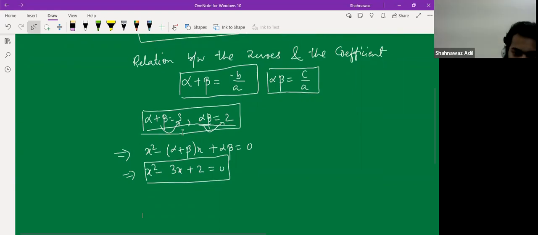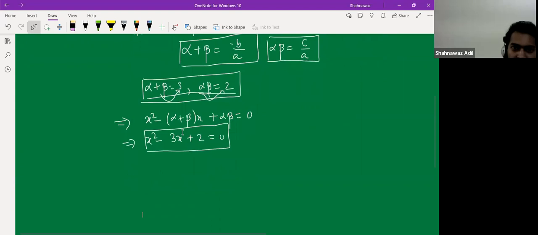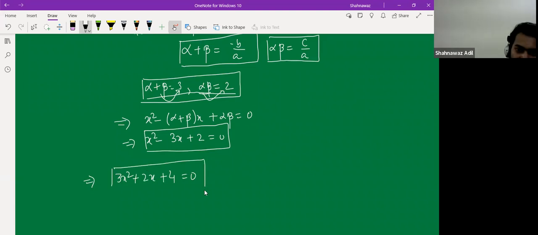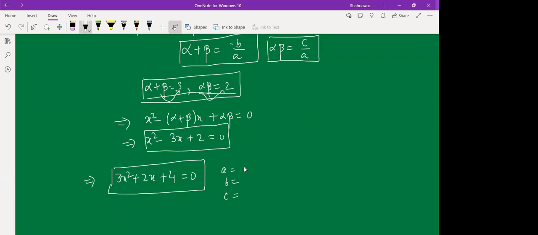And in some other question, they will ask you about the relation between the sum of the zeros and the coefficients. Let's say you have 3x squared plus 2x plus 4 equals 0. So this is a quadratic equation, right? And what are the values of a, b, and c? 3, 2, and 4.